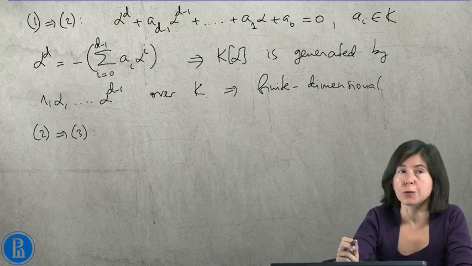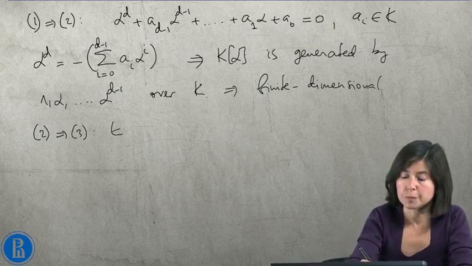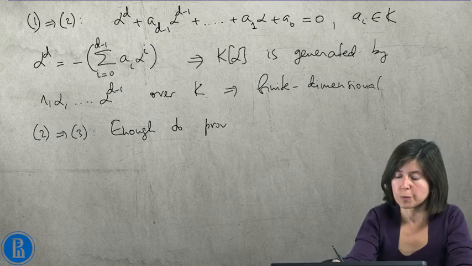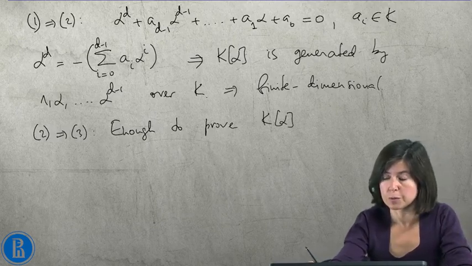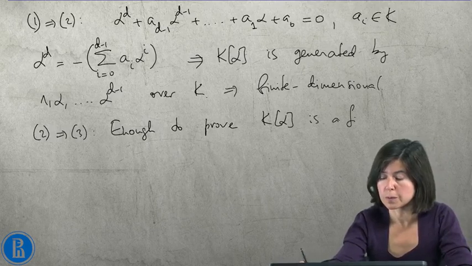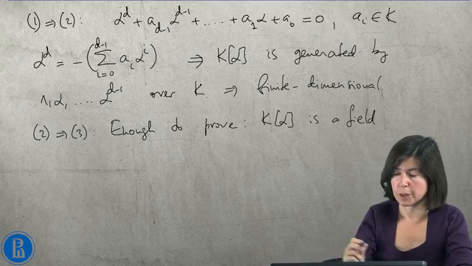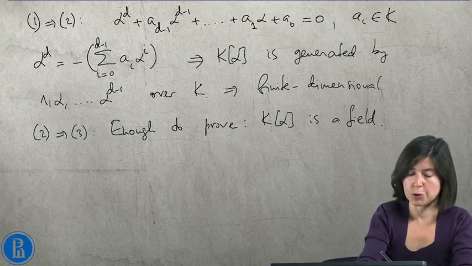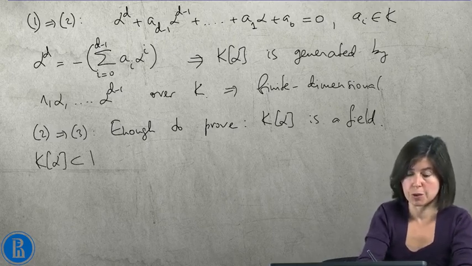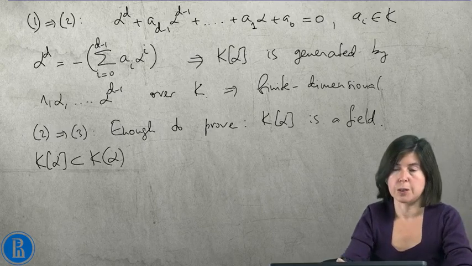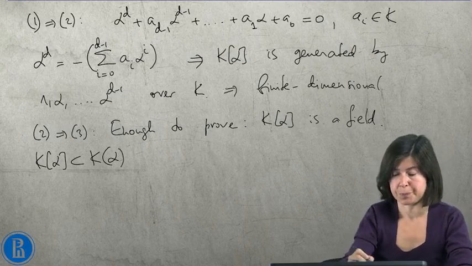Well, it is enough to prove that K of alpha is a field, since, of course, K of alpha in the square brackets is contained in K of alpha with the round brackets.